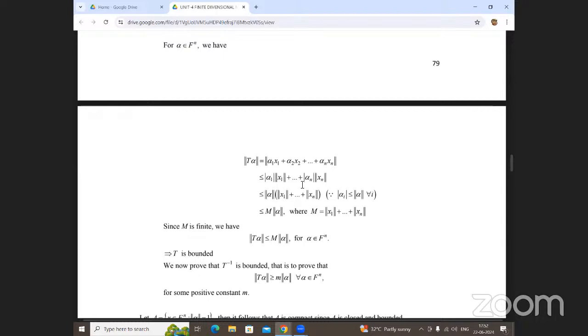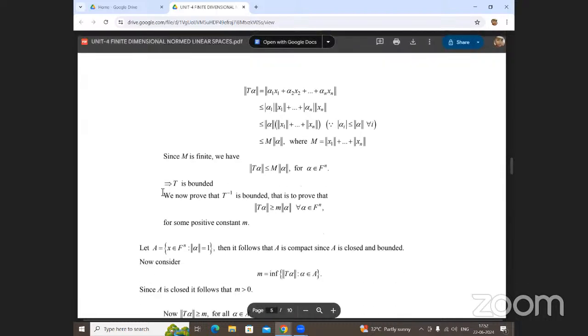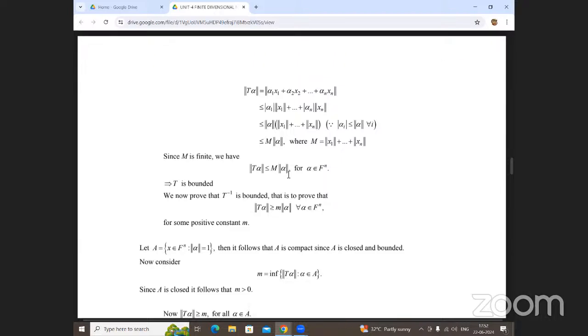These values, mod alpha 1 plus mod alpha 2 plus mod alpha n, are represented by the norm of alpha, and the norms of the x values are denoted by capital M. So this is M into norm alpha. If M is finite, we have norm T alpha less than or equal to M into norm alpha.